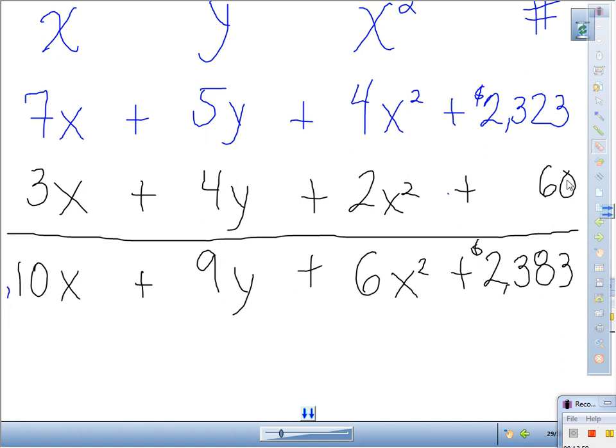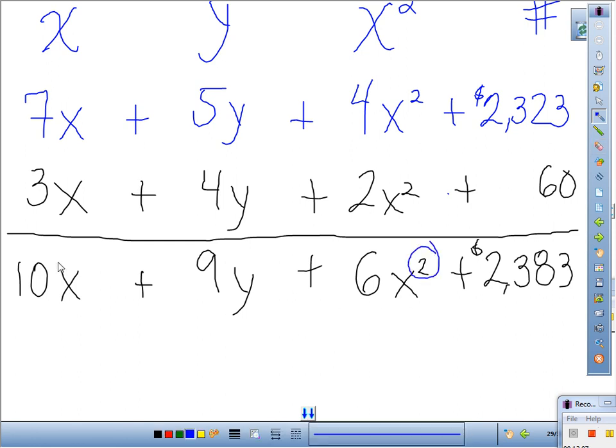This one has a squared and the other one doesn't. So what are we saying? That the only time we combine is when the variable has the exact same exponent. Does that make sense? They might have the same variable, but does it have the same exponent? No, that's why we didn't combine it.